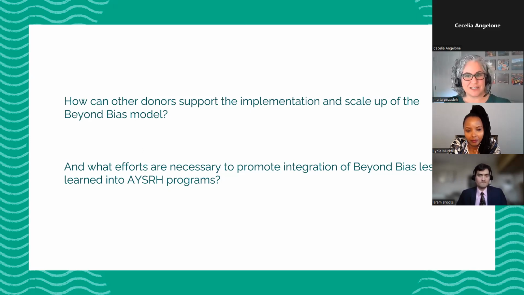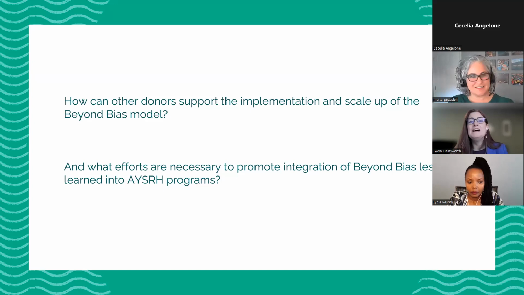So I'd like to direct the next few questions to Gwen from the Bill and Melinda Gates Foundation. Can you talk a little bit about how other donors can support the implementation and scale up of the Beyond Bias model? And also a little bit about what efforts are necessary to promote integration of Beyond Bias lessons into youth programs. Over to you, Gwen.